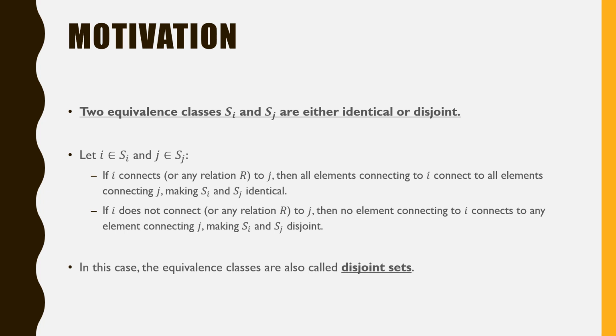In this case, Si and Sj are actually the same subset of elements. Conversely, if i does not connect to j, then none of the elements that are connected to i can connect to any elements that are connected to j. In this scenario, Si and Sj are disjoint. As a result, equivalence classes are also known as disjoint sets.